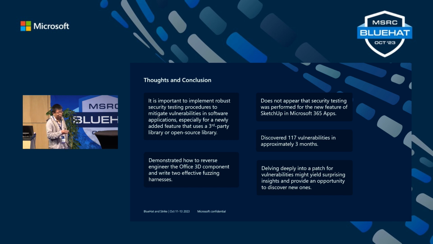These results have been remarkable and uncovered a significant number of vulnerabilities. It also does not appear that security testing was performed for the new SketchUp feature in Microsoft 365 apps.